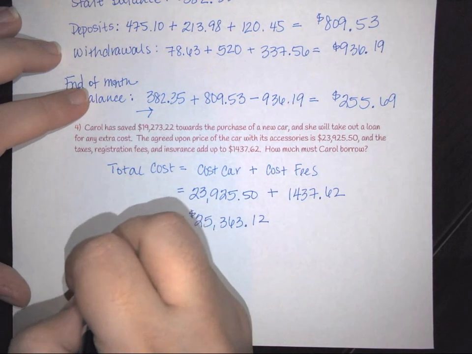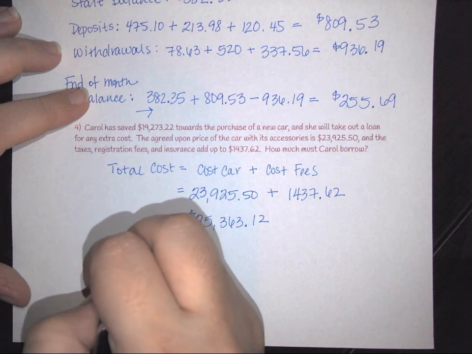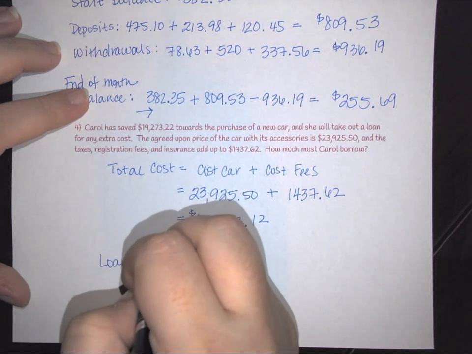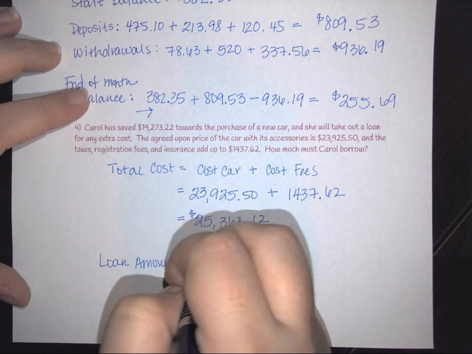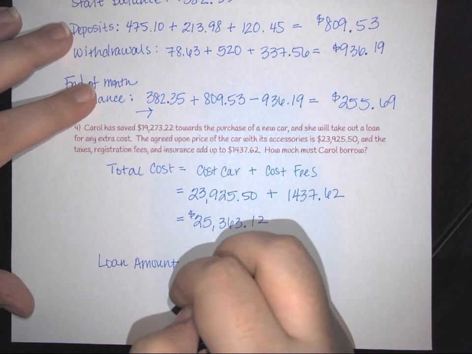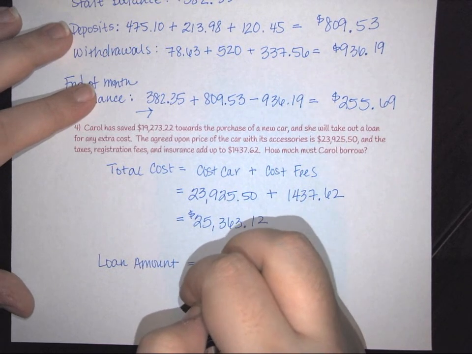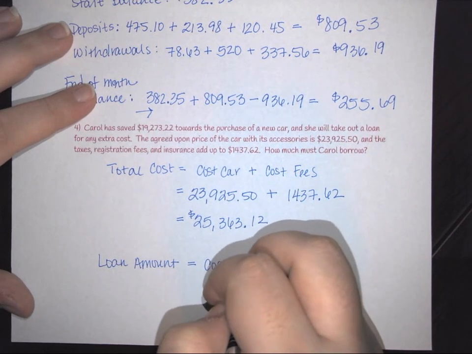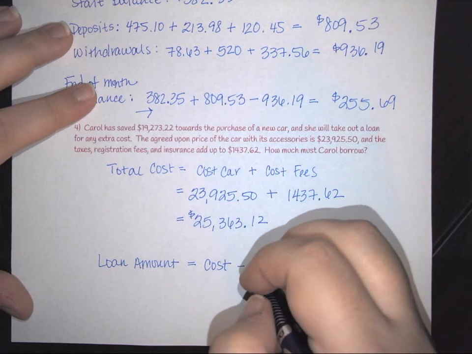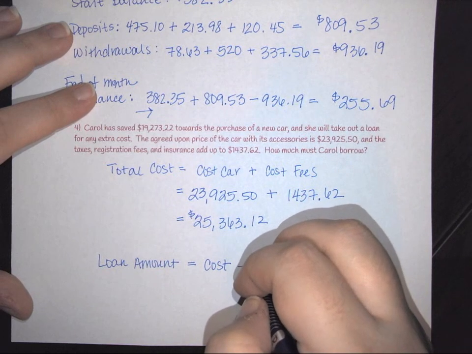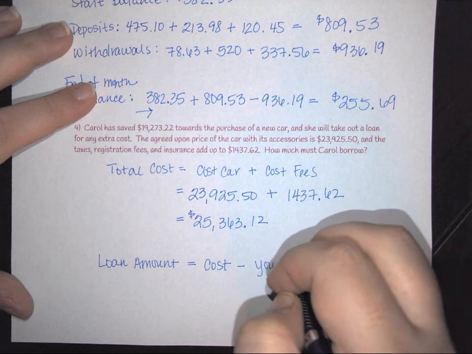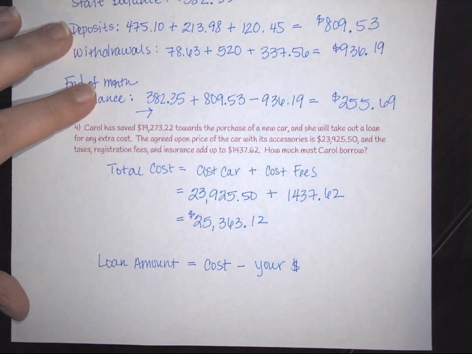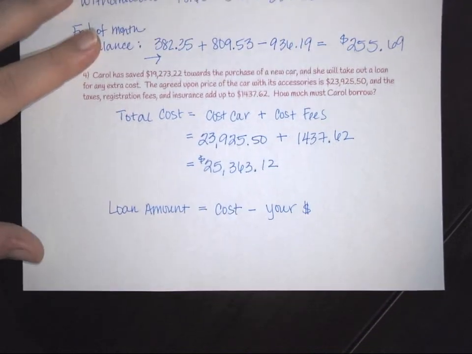In order to figure out the loan amount, we have to take the cost and subtract away, i.e. subtract away your money, what you saved.